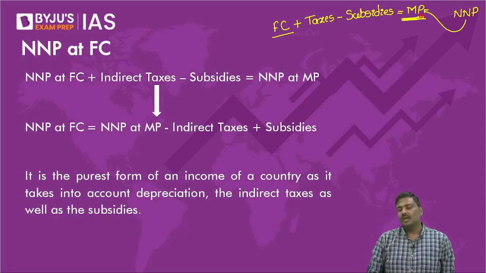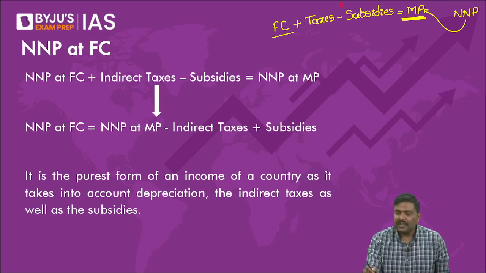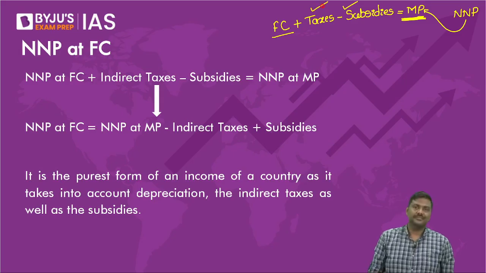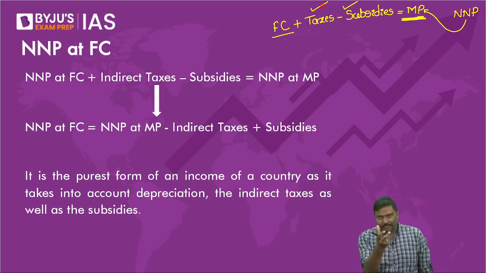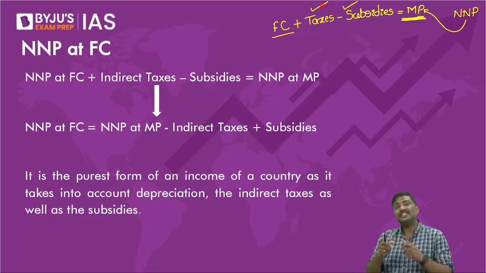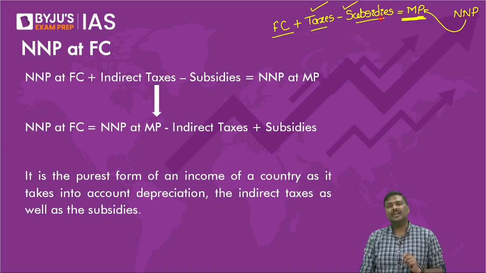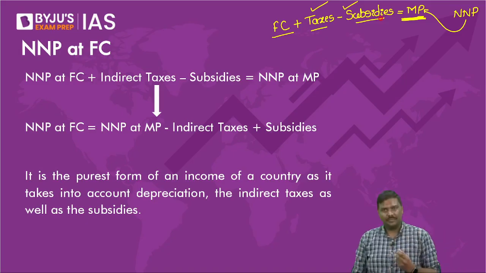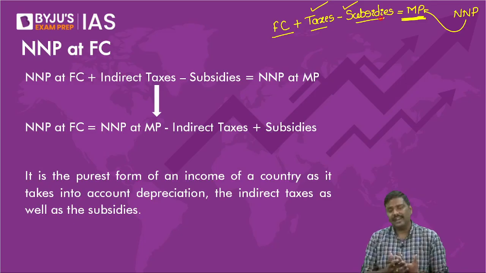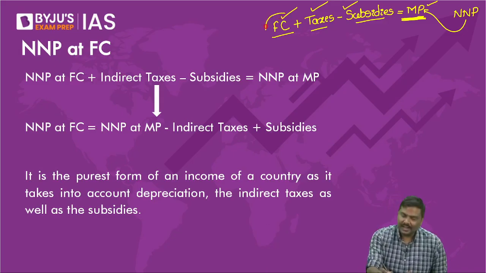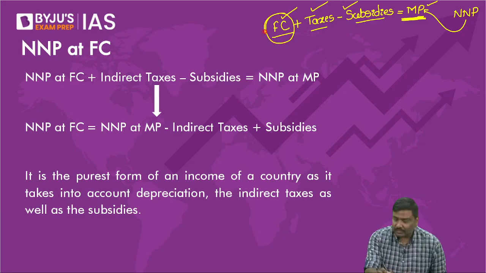Why? Because in the market prices, we have accounted for taxes as well as subsidies. When we took the market prices, we have adjusted the factor cost with the taxation as well as subsidies, which is a better indicator now. Within this also, which is a better indicator, calculating at market prices or calculating at factor cost? You will realize that it is better to calculate at factor cost.